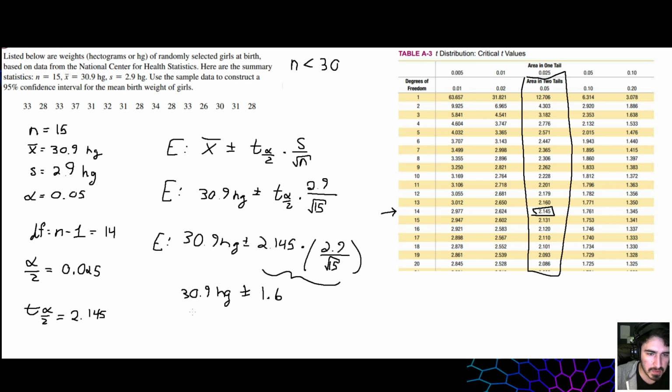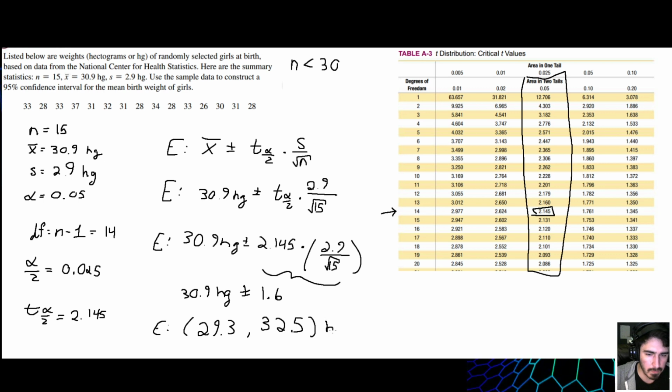So it's going to be plus or minus 1.6. And that gives us 30.9 minus 1.6, which gives us a lower bound of 29.3, comma, 30.9 plus 1.6, 32.5 Hg.